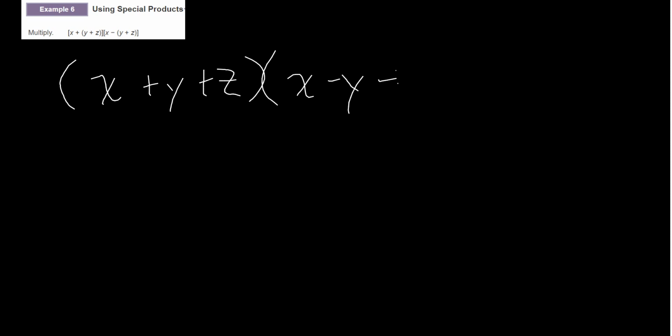On second thought, I got a little carried away, and I was trying to do something that this problem is doing differently. I'm sorry. What I should have done is noticed that they are conjugates, right? This is x plus y plus z, and this is x minus y plus z. They're a difference of squares.